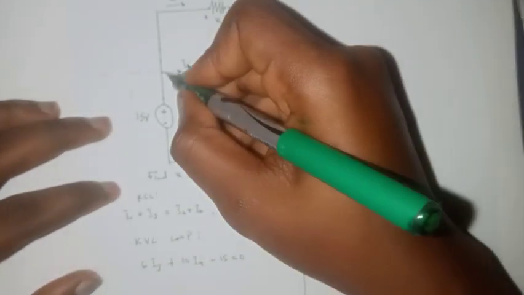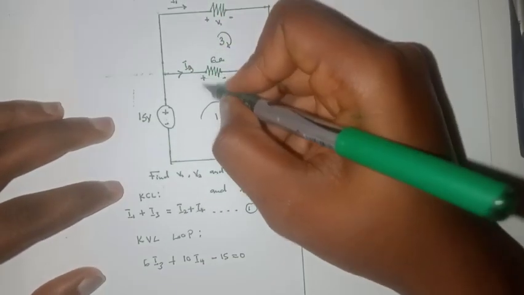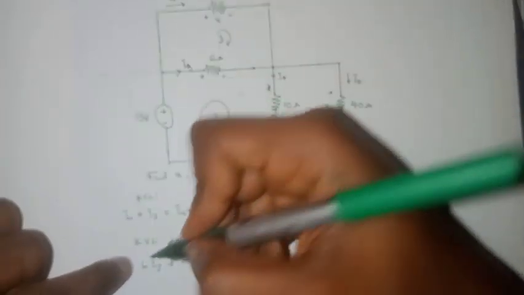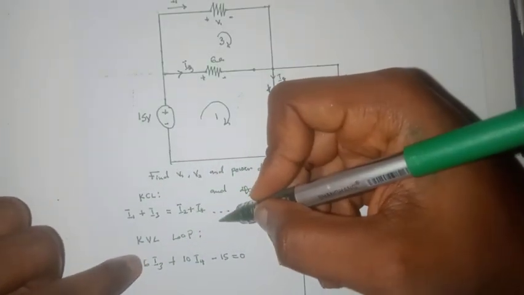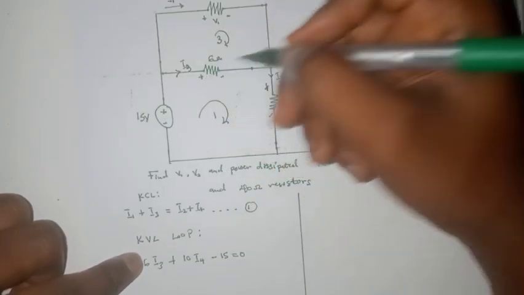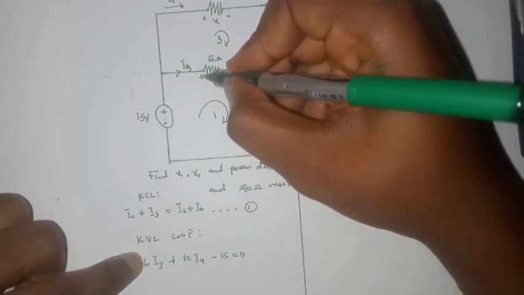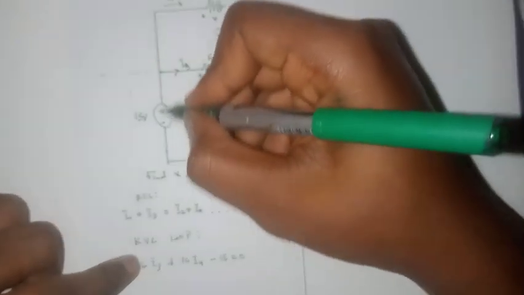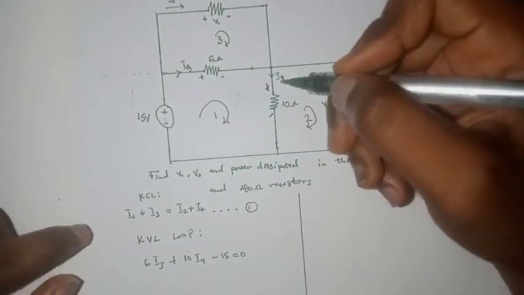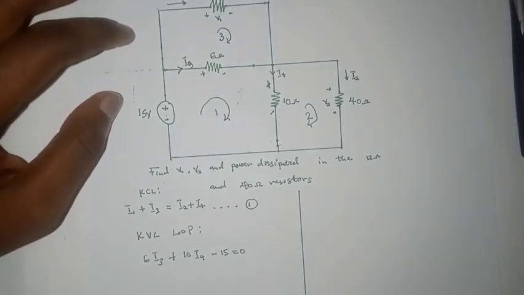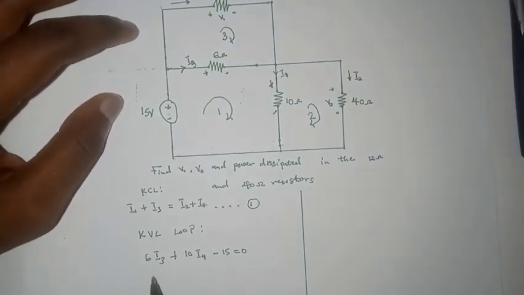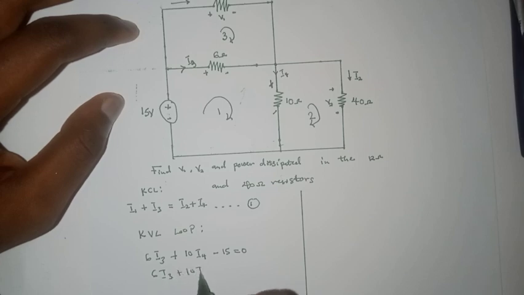Notice that we start writing from here, and the sign of the coefficient is the polarity that we encounter first as we start from here. Next, we can rewrite this as 6I3 plus 10I4 equals 15. Let's call this our second equation.